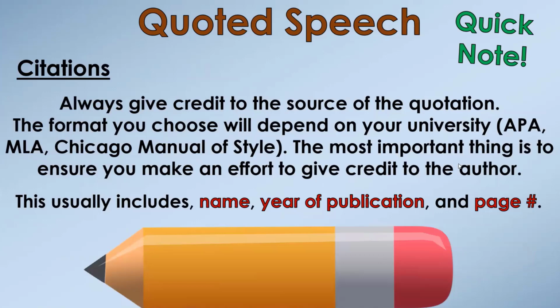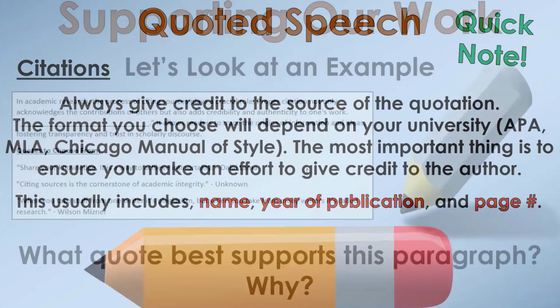If you're supposed to use APA formatting and you give credit to someone for a direct quote and your APA formatting is incorrect, you will receive notification back from your university or from your school saying that your paper is not formatted correctly. However, if you try to pass someone's work off as your own, you may receive notification that you've plagiarized their work, and the consequences for that can be very serious. So always make an effort to give credit where credit's due.